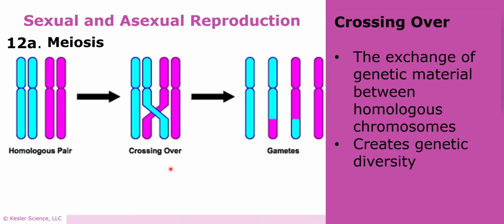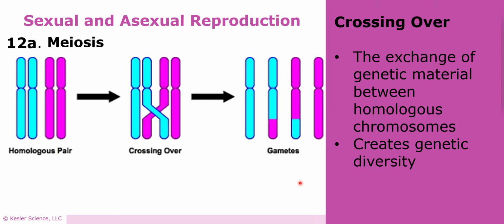It's almost like they hold hands and they exchange some genetic material. So you see the homologous pairs, you have two blue, two purple, crossing over occurs, and the result in the gametes is going to be the blue chromosomes with a little bit of purple and a purple chromosome with a little bit of blue.